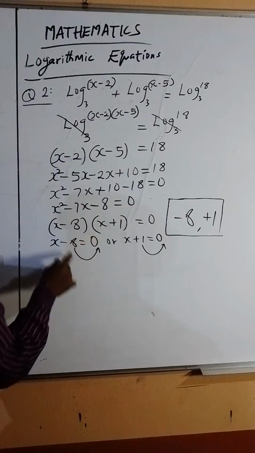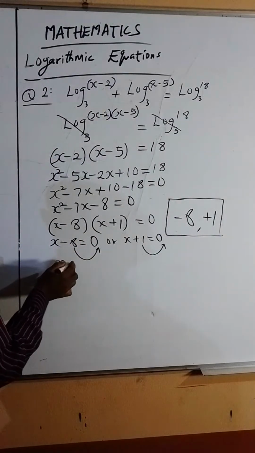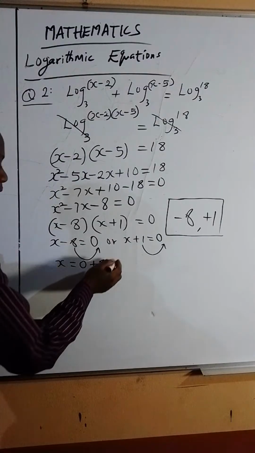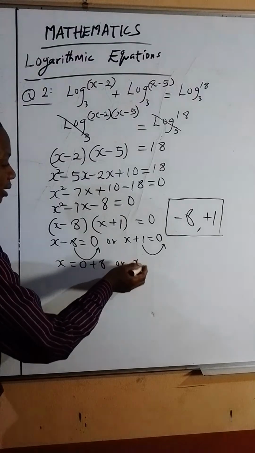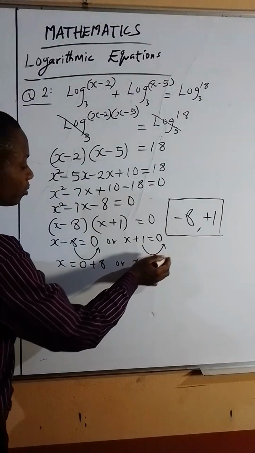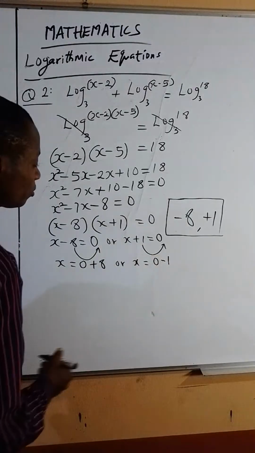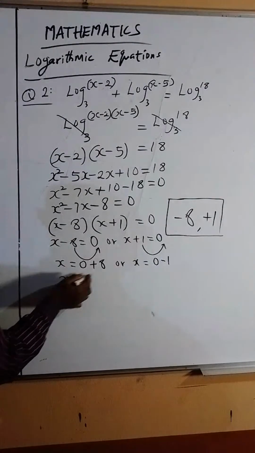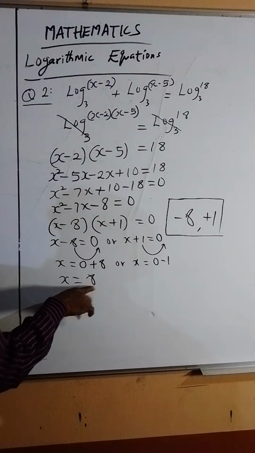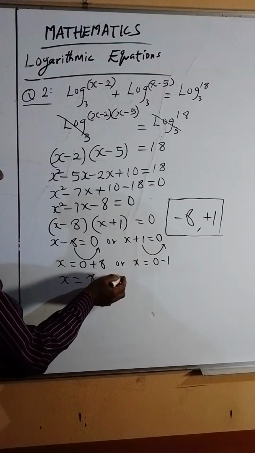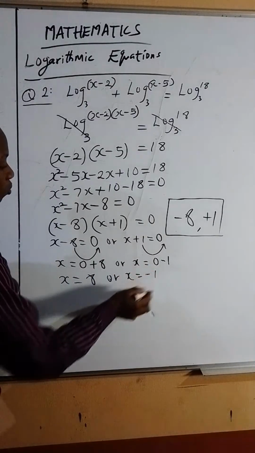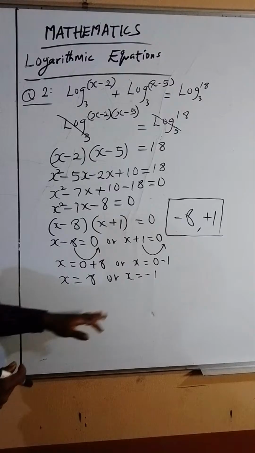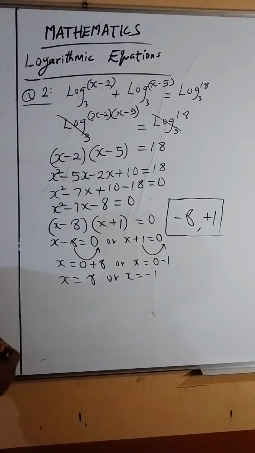To the right, we have 0 plus 8, so we are going to end up having x equals 8. Or we are going to have x equals 0 minus 1, which equals minus 1. So this is what we are going to have. This is the solution to this second question.